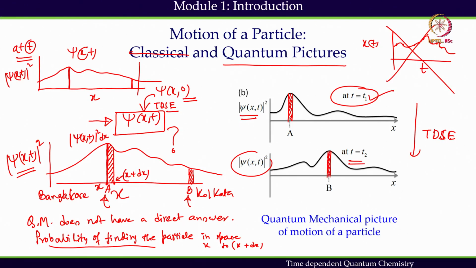The maximum probability of finding the particle is now moving, but still there is a finite probability of finding the particle here.